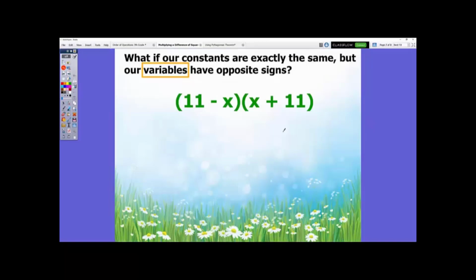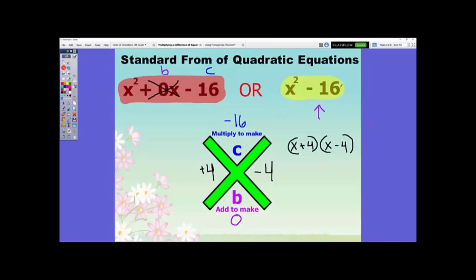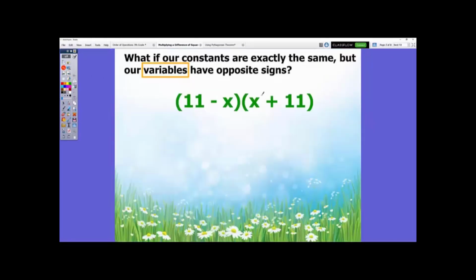So let's switch it up just a little bit, and this is going to be our final example of the video. In the next video, we will be doing exactly what we did here. I'll give you the product of a difference of squares, and I will want you to work backwards to factor it and give me the two binomials that give you that final product.